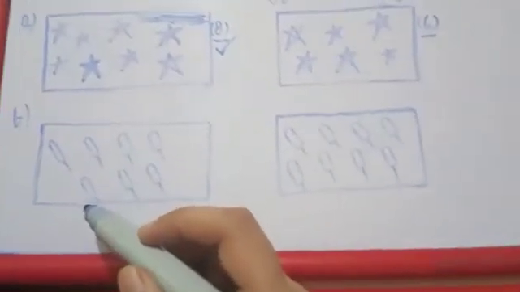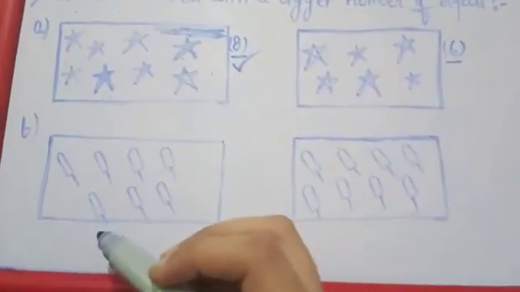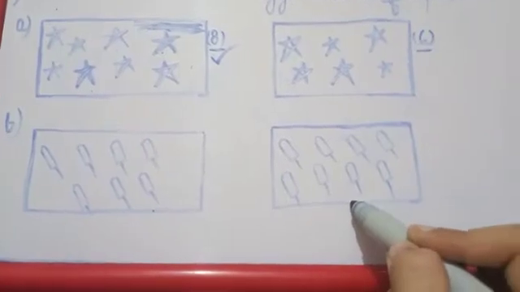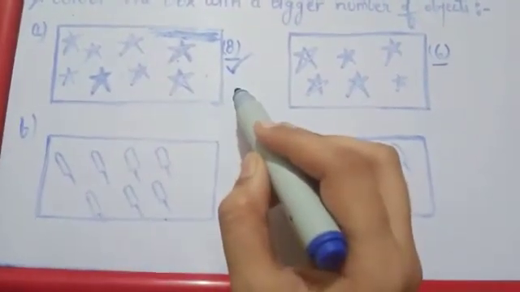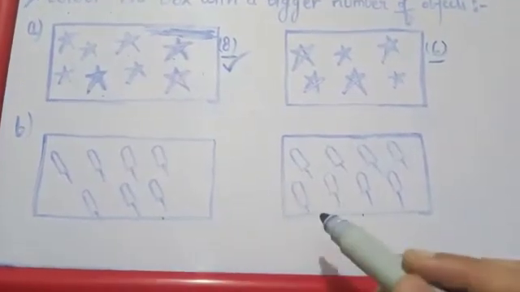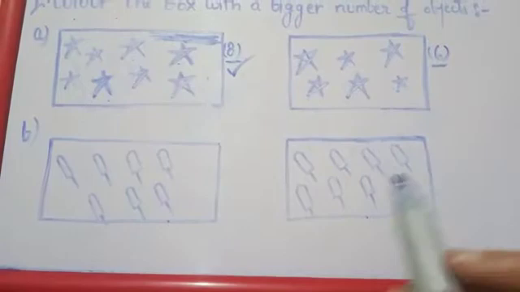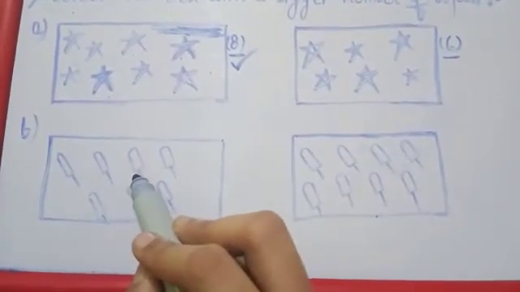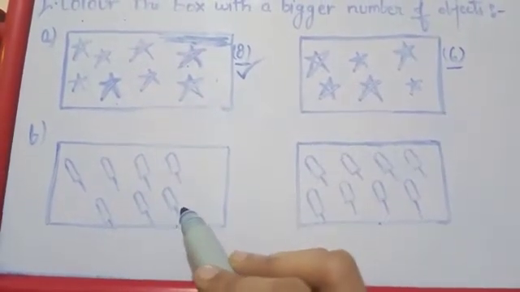Here some ice cream sticks are given. You will count the objects in the first box and then you will count the objects in the second box. And same as we have done in part A, the box which is having more objects, you will color that box. This 1, 2, 3, 4, 5, 6, 7.